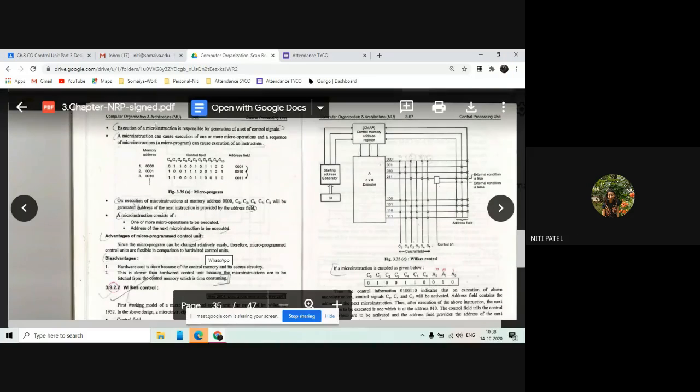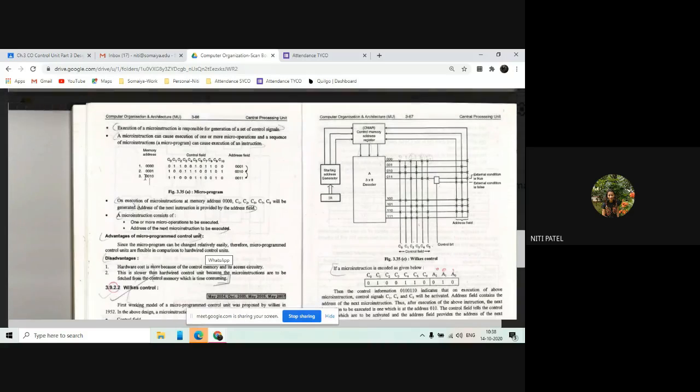When I execute the micro instruction at memory address 0000, the first instruction, can you see C1, C2, C5, C7 and C8 are 1. Rest C0, C3, C6 and C10 are 0. So for whichever control number the input is 1, those signals are generated for that particular instruction.